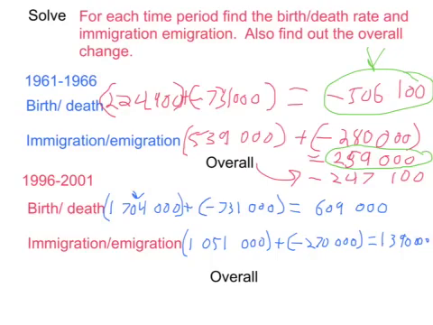Again, the immigration is higher than the emigration. And if I compare these two numbers, since they're both positive, I know my answer will be positive. Oops, I've made a mistake.